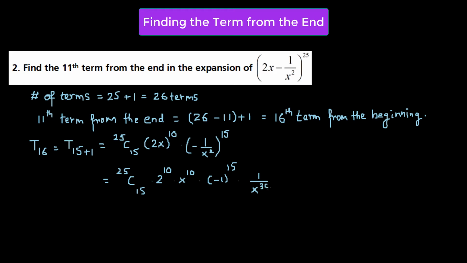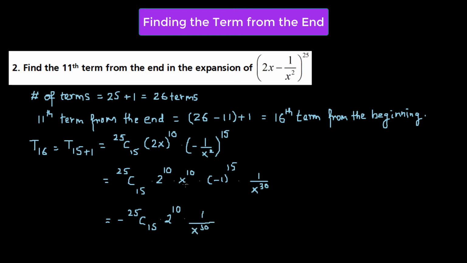That gives us x raised to the power of 30. Then negative 1 raised to the power of 15 will give us a negative, so we take it in the front. Then we have 25C15 times 2 raised to the power of 10 times 1 over x to the power 30.